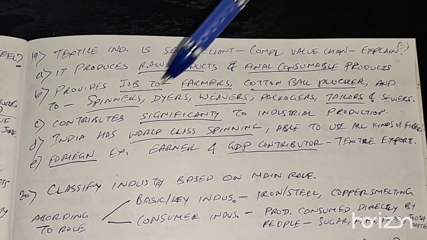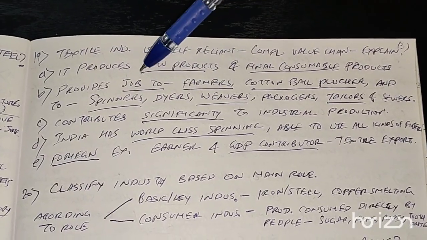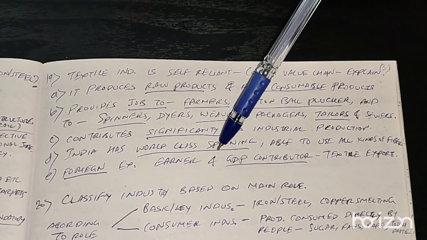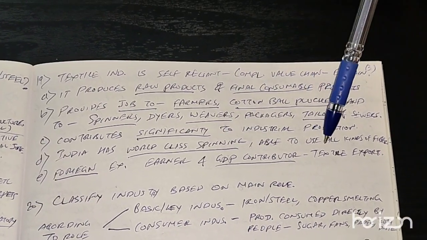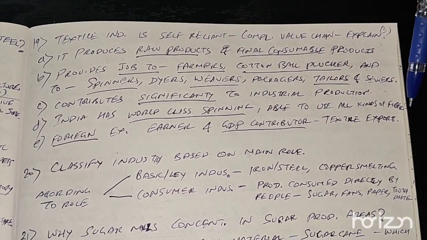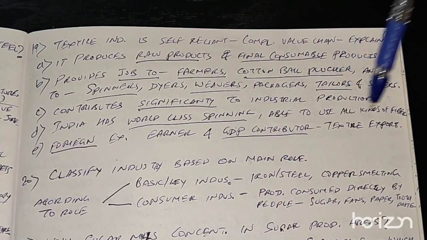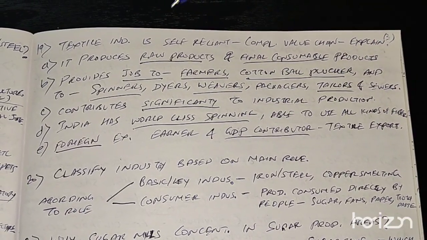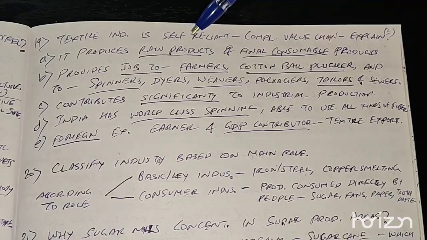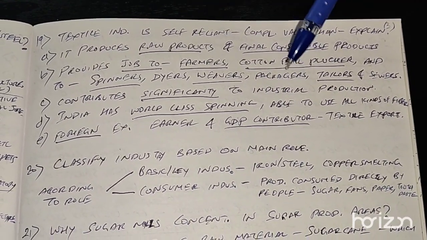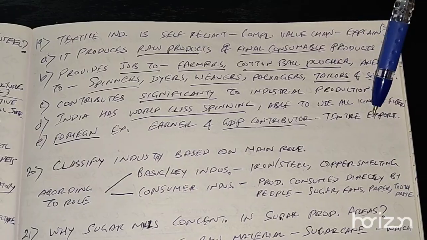So all these people are employed in this industry. It contributes significantly to industrial production. India has world class spinning, able to use all kinds of fiber, and is a foreign exchange earner and GDP contributor by exporting textiles. So because of all these factors, the textile industry in India is self reliant and it has a complete value chain.